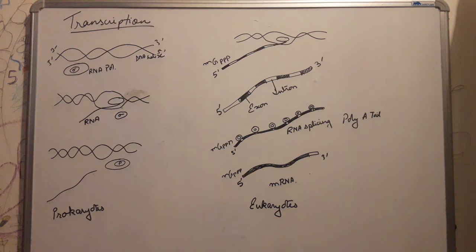Template means the particular strand of DNA which will help in transcribing the RNA. So that particular point is recognized, and the promoter reaches that, it binds with the polymerase enzyme and the sigma factor, and then it starts the process of synthesis of RNA.